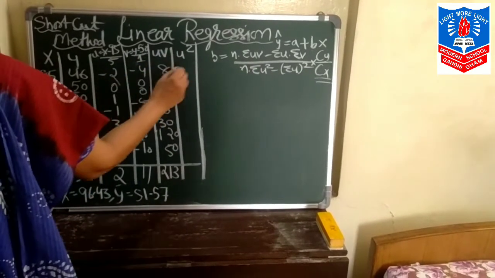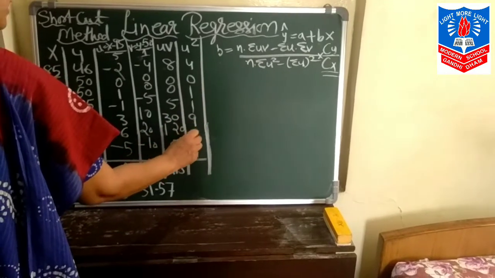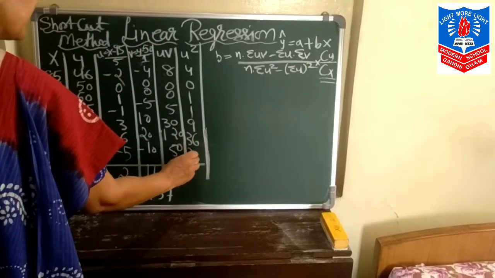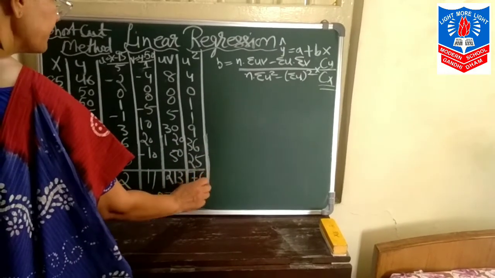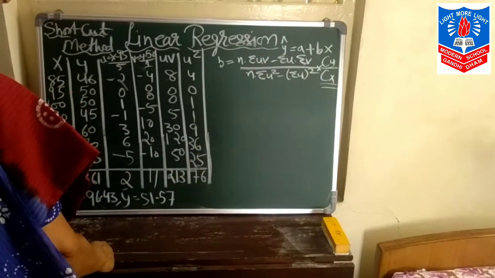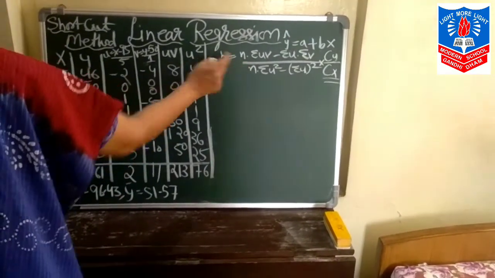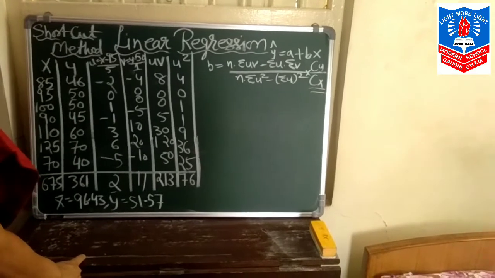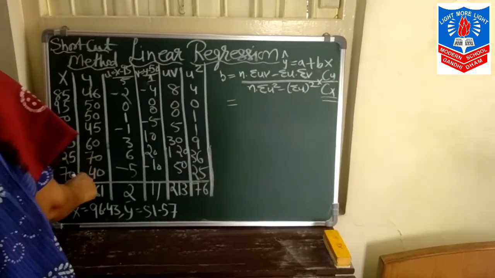Now find u square. That comes 4, 0, 1, 1, 9, 36 and 25. And the total of this comes to 76. Now put all these values in the first formula for finding b, where n is 7.